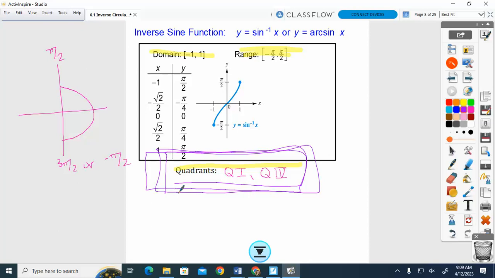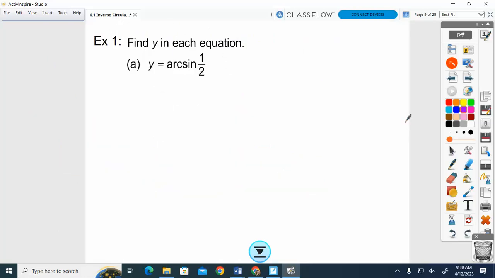All right, so let's talk about cosine. Well, actually, I think I put some examples on before I did my cosine, so we'll try some of those. I want to find y for each of these situations. y equals arc sine of 1/2.